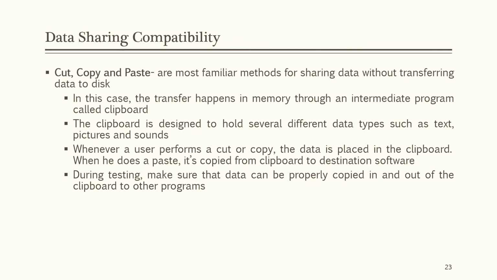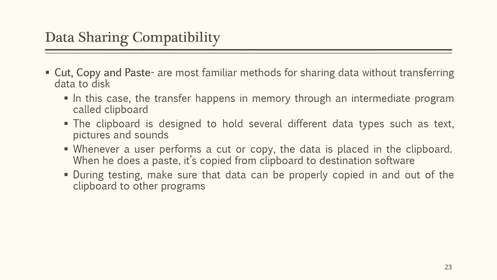The third data sharing possibility is cut, copy and paste, the most familiar method of sharing data without transferring data to disk. In this case, the transfer happens in memory through an intermediate program called the clipboard. The clipboard is designed to hold several different data types such as text, pictures, and sounds.